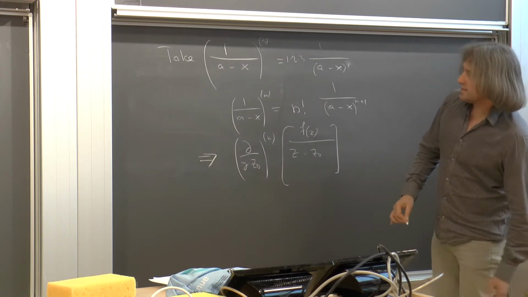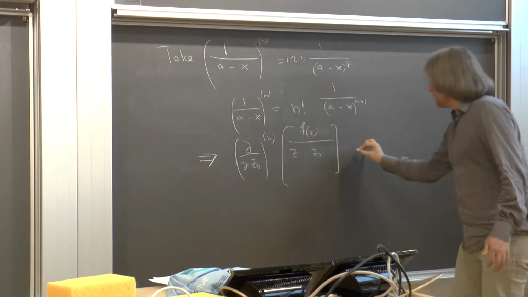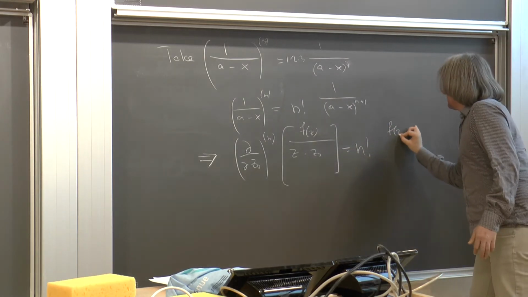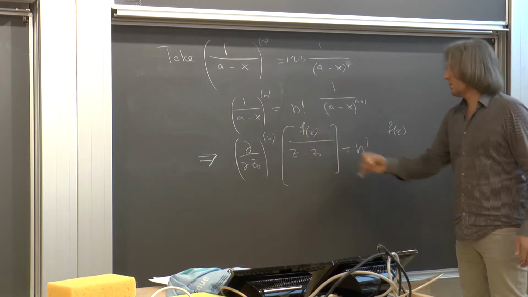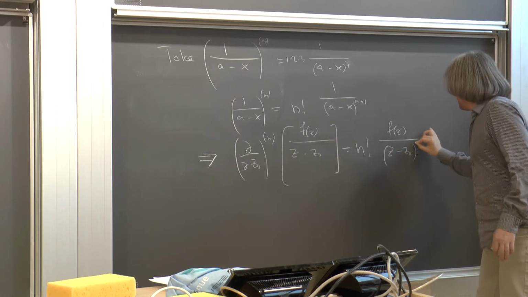So then, just by what I wrote above, this thing will be equal to n factorial f of z over z minus z naught to n plus 1. So z is not our parameter of differentiation.